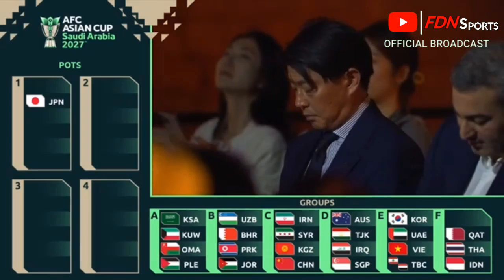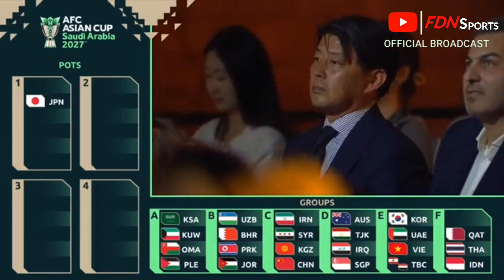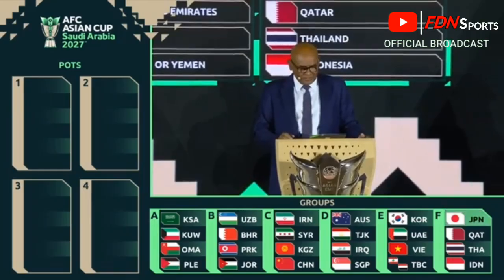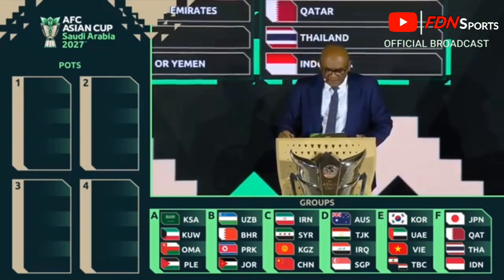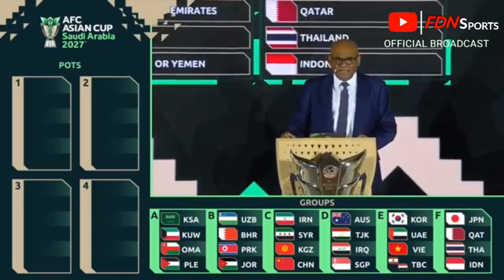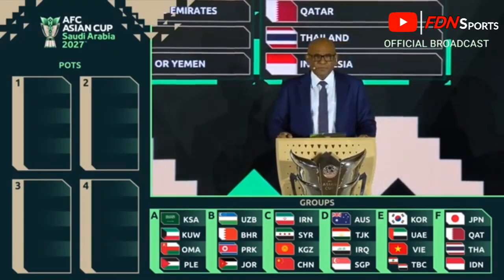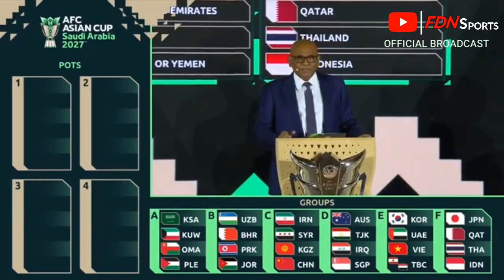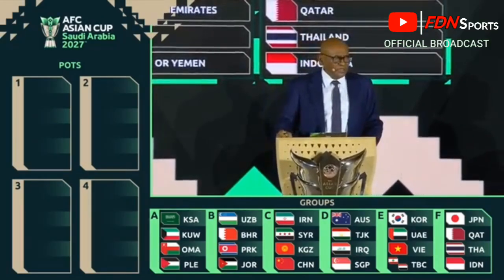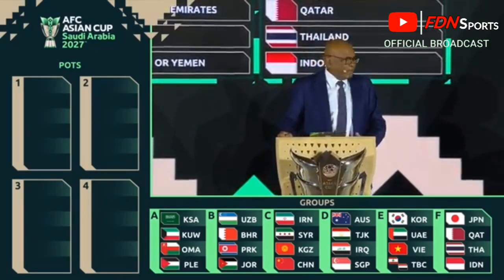Japan, highest ranked Asian team in the FIFA ranking, 18th as of today. Record 4-time champions in 1992, 2000, 2004 and 2011. So ladies and gentlemen, there you have it. The final draw results of the AFC Asian Cup Saudi Arabia 20.